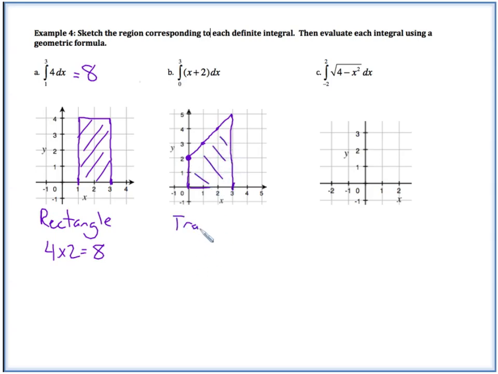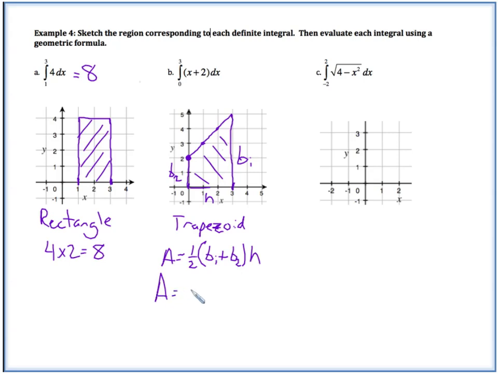And this is a trapezoid. And we'll recall that the area here is 1/2 (b1 plus b2) times the height. Now notice it switches a little bit. We're going to call this a base, and then this one's going to be a base, and then the height is going to be right here.